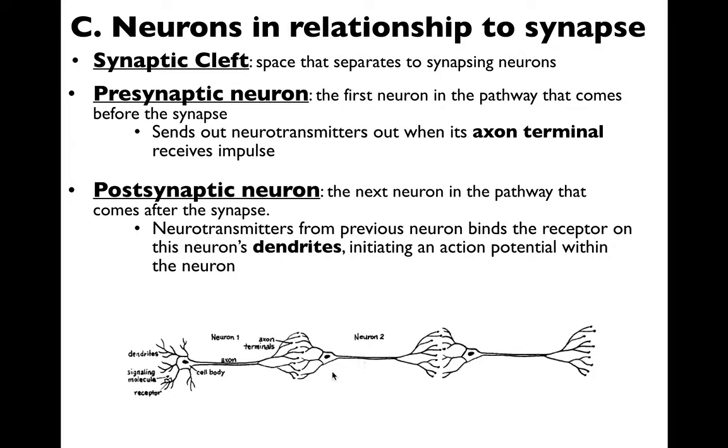Neuron 2, with its dendrite end here, is the postsynaptic neuron, but if I'm looking at this synapse here, its axon end makes it the presynaptic neuron. Presynaptic sends out the neurotransmitter, postsynaptic takes in the information from the neurotransmitters to create a new response in that one axon.